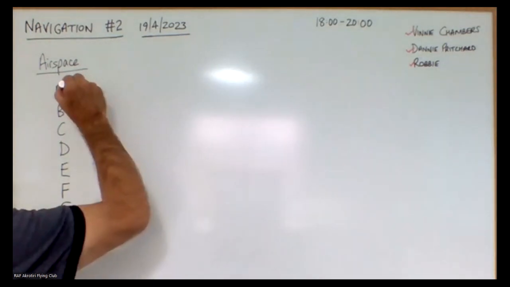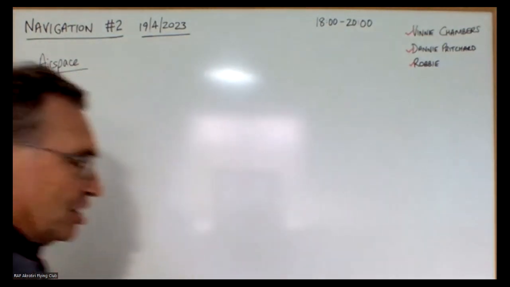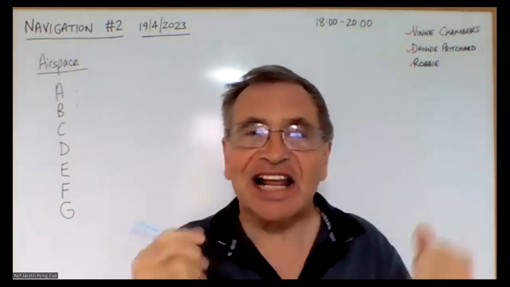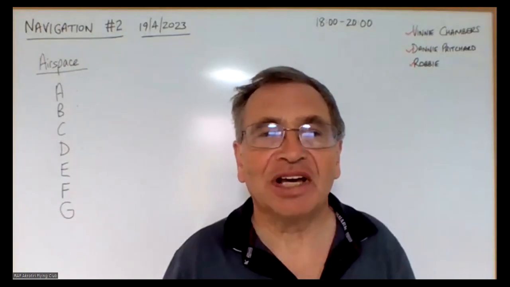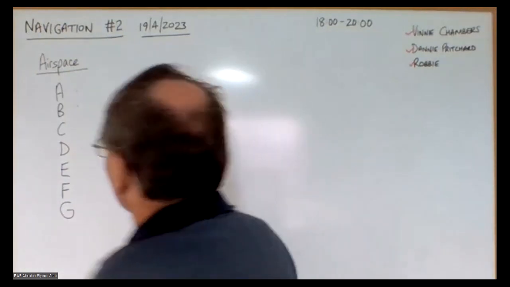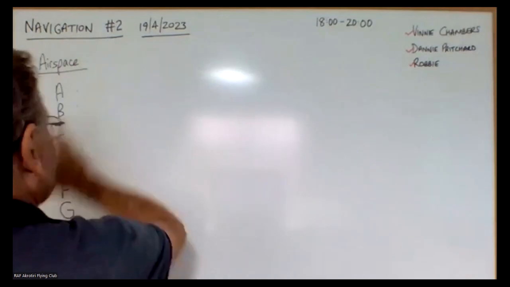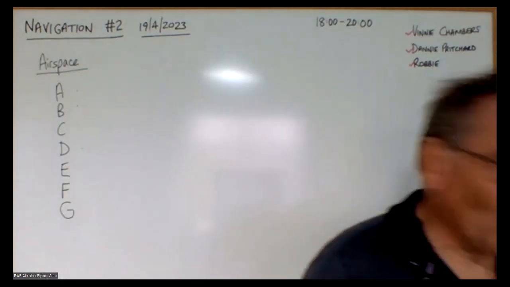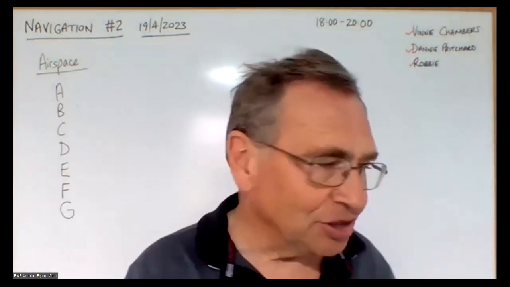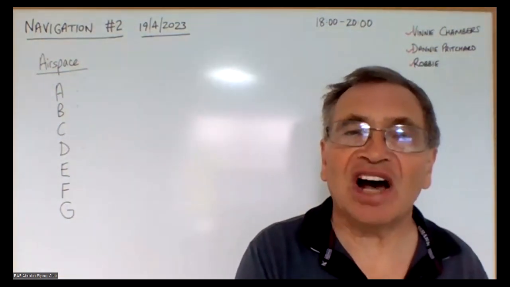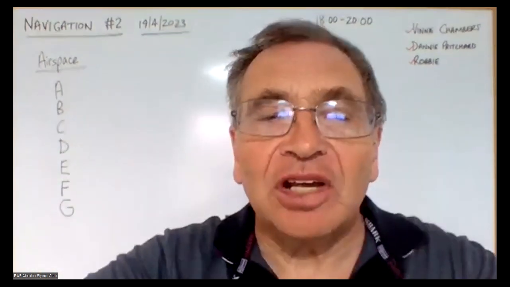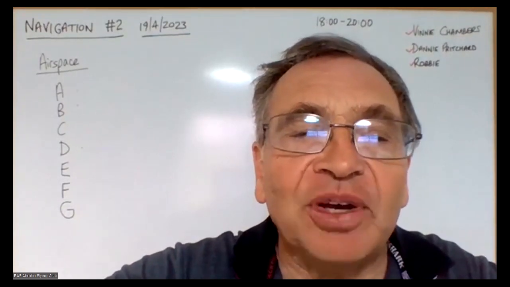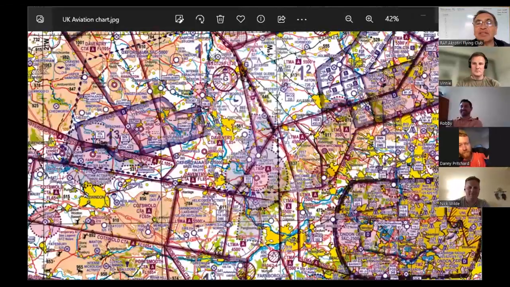Things like Class A and B, IFR and VFR are separated, and you've got to get a clearance for everything you want to do. And in each of these you can do different things. What exactly you can do is not part of navigation. That's all covered in air law.